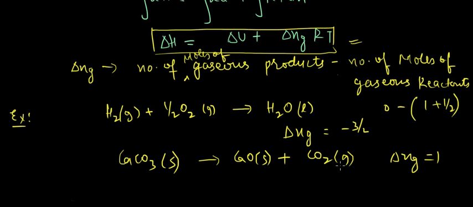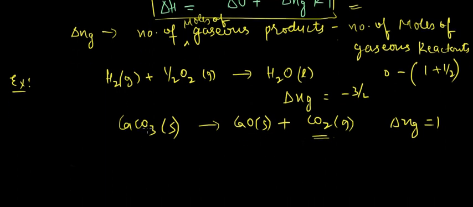The number of moles of gaseous products would be 1 here, and there is no gaseous reactant or product other than CO2(g). Next we can also have H2(g) reacting with I2(g) forming 2 moles of HI(g).